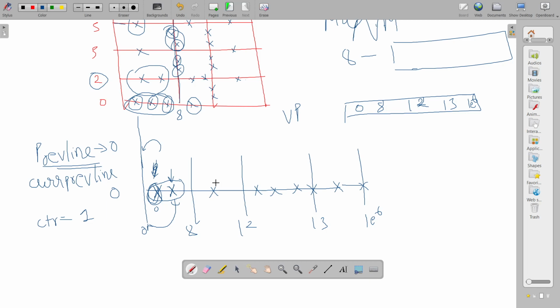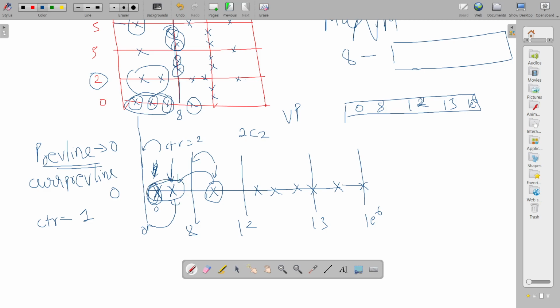But take for example this element and this element. This element has a previous closest line of 8 and this has a closest line of 0. So these two are not part of the same segment. So whenever you face a condition like, okay, this x is not similar to this x, they are a part of different segments. At this point your counter would have been 2 and from answer you would have subtracted 2C2.